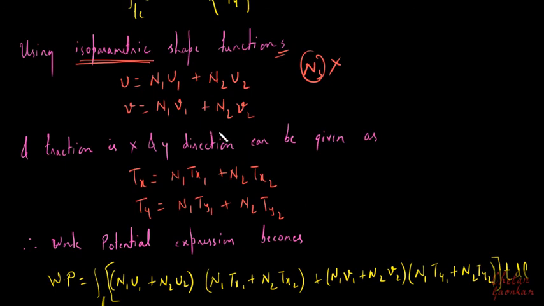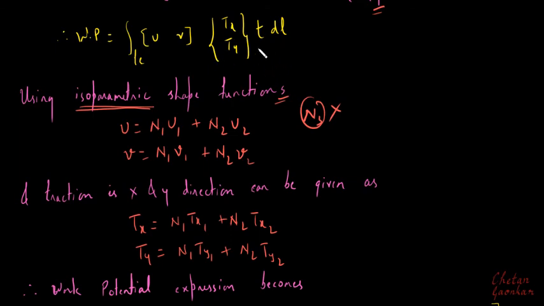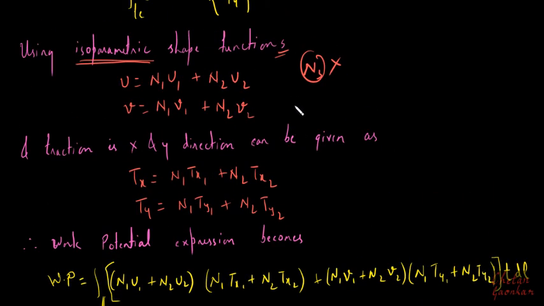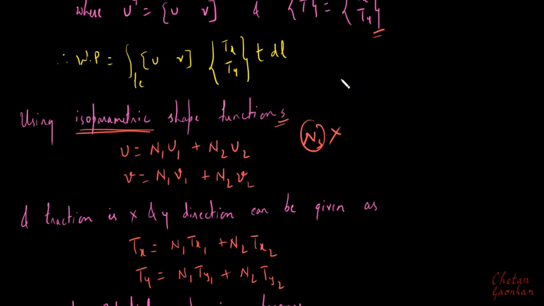And now if I use these expressions for u, v, Tx, Ty in this expression, then I'll get this. So in place of u and v, if I do one step further here, I will get this as the integral over le. If I multiply this by this, I will get u Tx plus v Ty, and then this will be multiplied by t times dl.